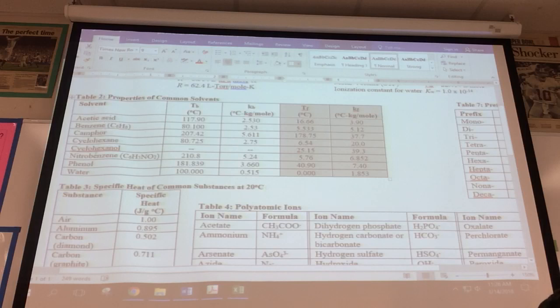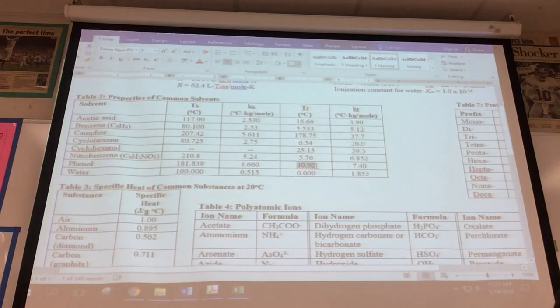The solvents shown here, as we saw yesterday, for example, benzene, a nonpolar covalent solvent, freezes at 5.533 degrees Celsius. Its KF is 5.12 degrees Celsius per molal.